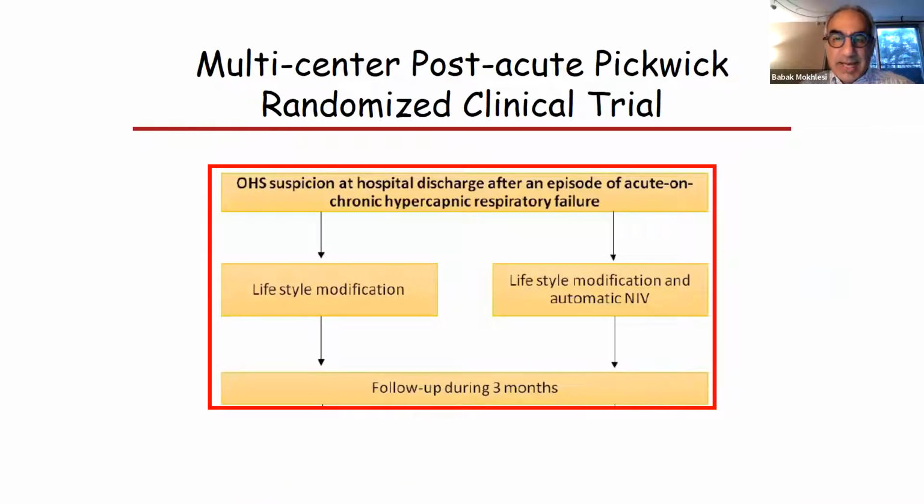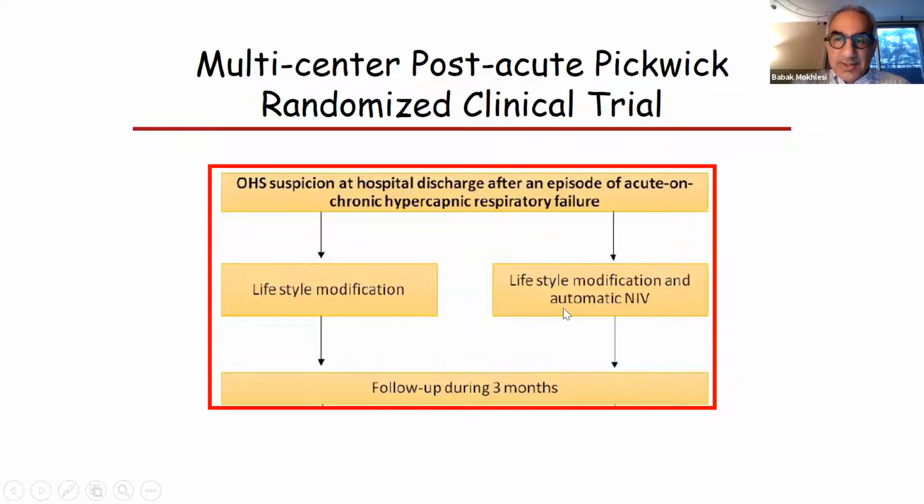And this is one of the ideas behind our next project, in which patients get randomized to lifestyle modification versus lifestyle modification with automatic NIV and follow up at 3 months. This is from hospital discharge.